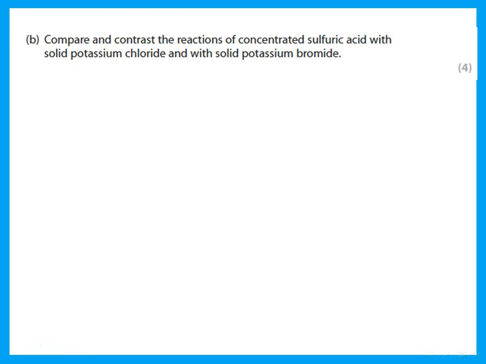Then compare and contrast the reactions of concentrated sulfuric acid with solid sodium chloride, solid potassium chloride and solid potassium bromide. Now remember, when we were talking about halides, we said when concentrated sulfuric acid reacts, it will react with chloride to form the sulfate plus HCl.